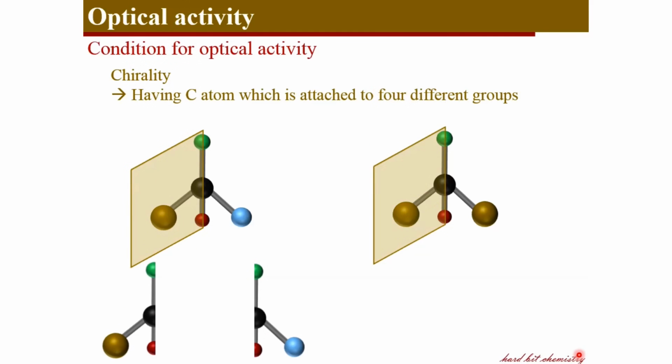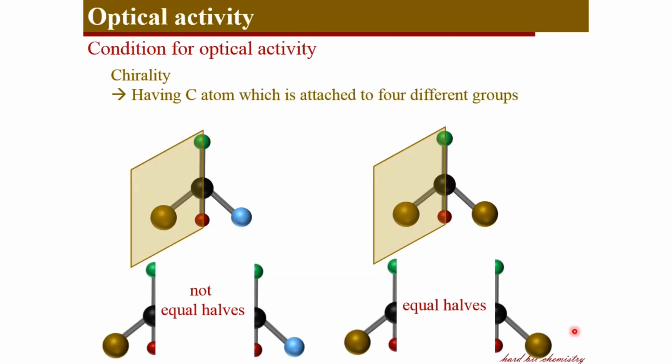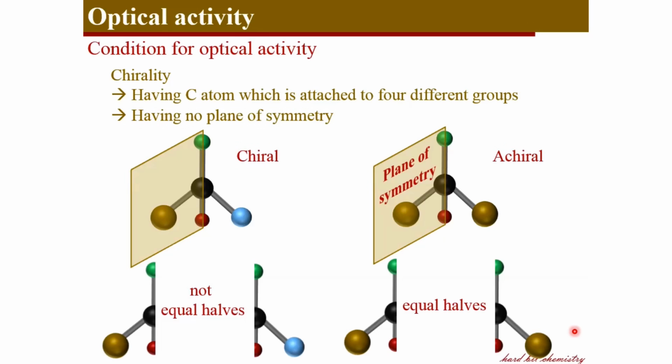Whereas if you cut the second molecule through the same plane, you get two equal halves. So the first one, the chiral molecule, is not cut into equal halves, whereas the second one is cut into equal halves when it is cut along the plane of symmetry. So the chiral molecule does not possess a plane of symmetry, whereas the achiral molecule possesses a plane of symmetry.